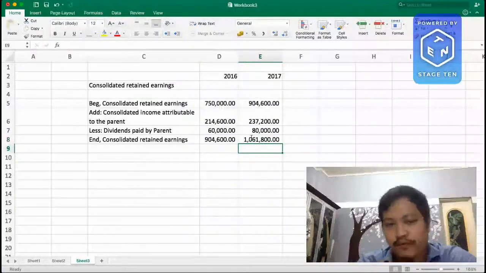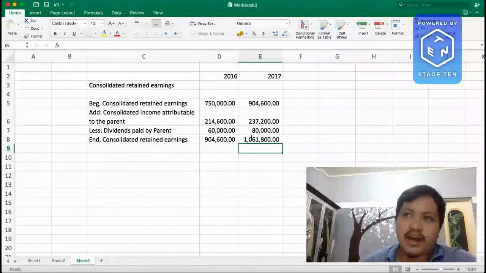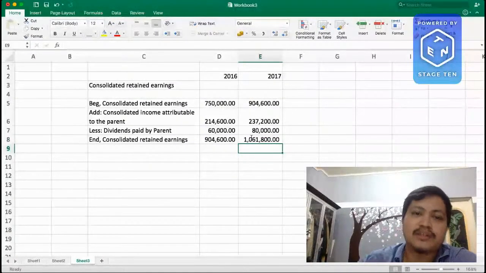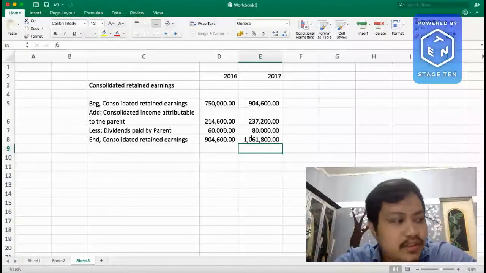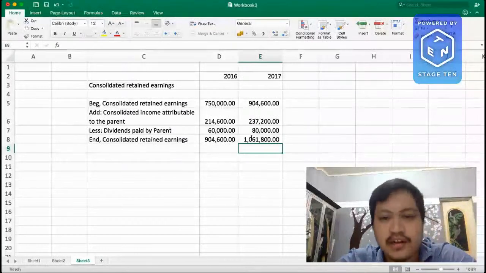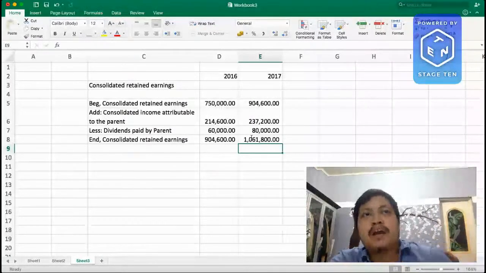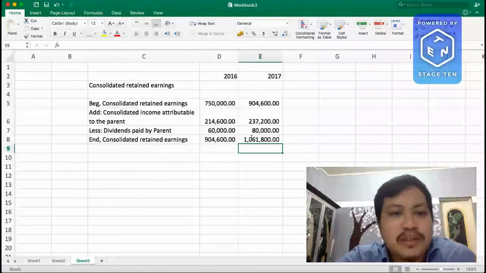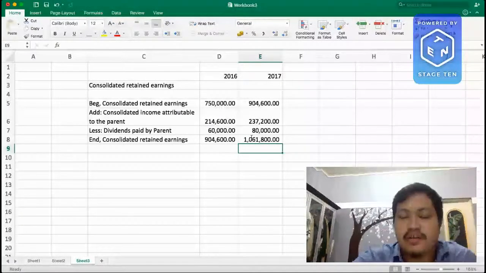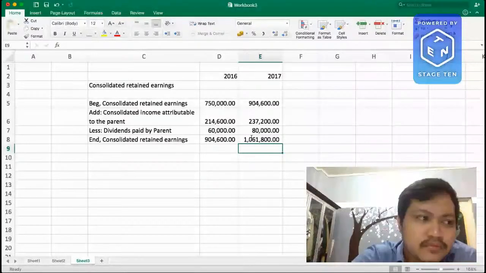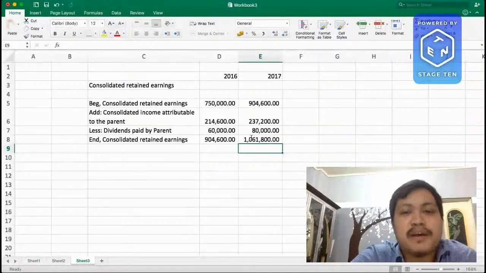We'll try to find problems, class, in which we are asked on the 10th year and what's given is just the retained earnings of the parent. But just as a preview, class, after the first year, what would be the primary difference between the retained earnings of the parent and the retained earnings of the consolidated entity? Okay, which one do we expect to be higher?